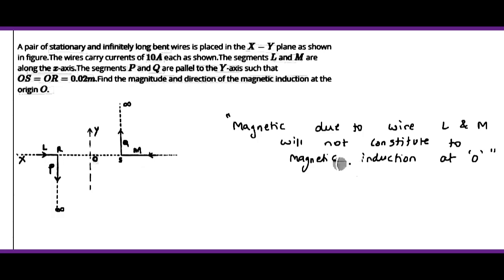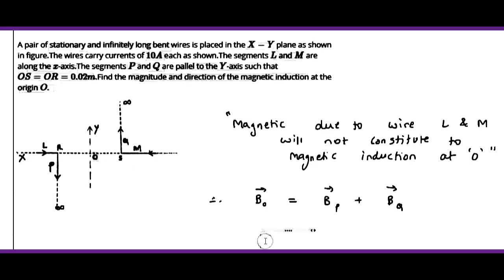So L and M will not constitute for magnetic induction at O. Therefore, we can write net magnetic field at O can be written as, therefore we can say net magnetic field will be due to wire P plus magnetic field due to wire Q. Alright, so let's try to calculate the magnetic field due to these two wires.